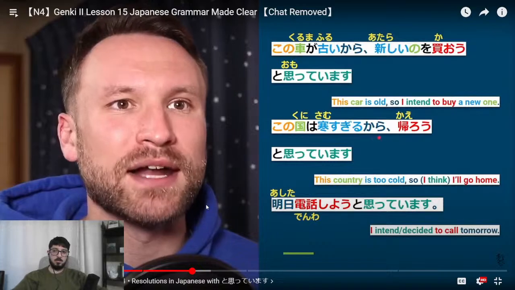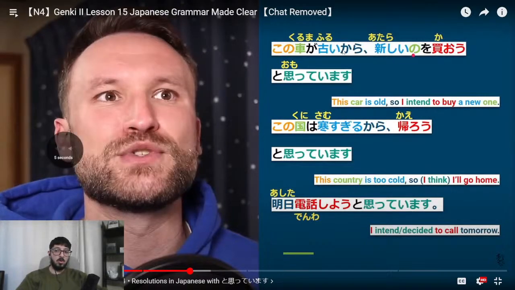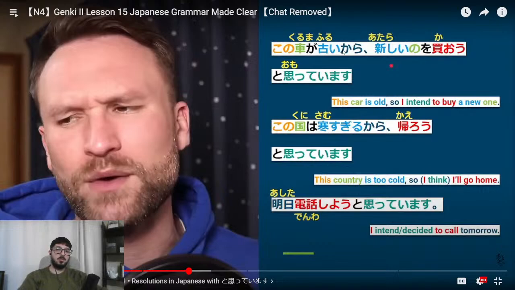Okay. And also 新しいの, no, this is another grammar point that we did earlier, or maybe we are going to do later. So no is the car. So 新しいのを買おうと思っています.